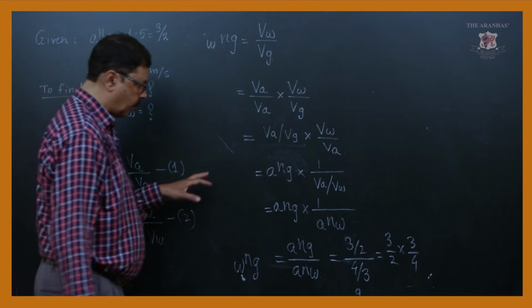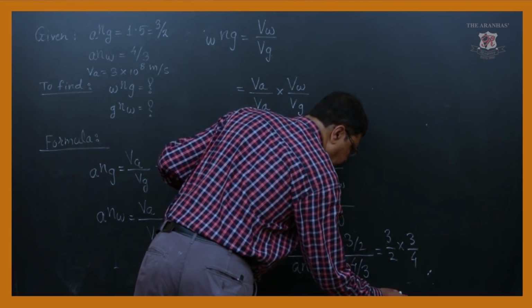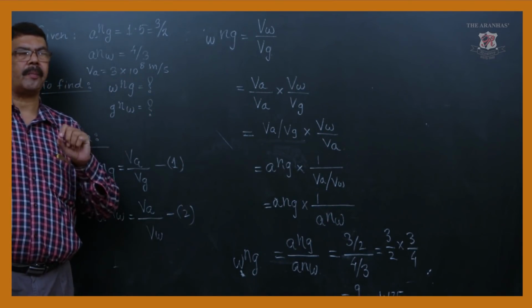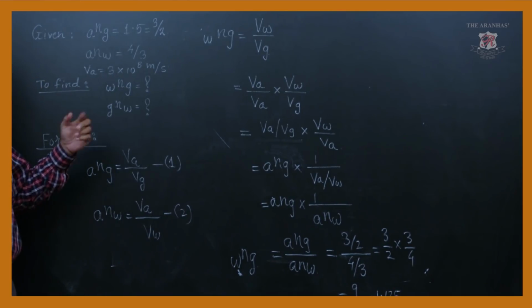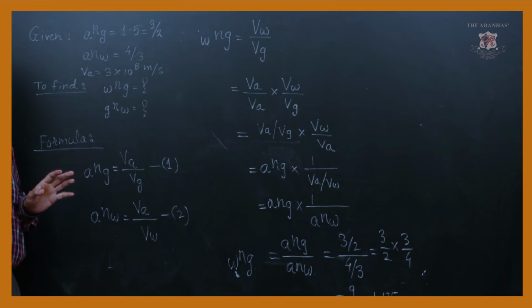That will be 1.125. Now check the answer which you have got by the basic method. We have solved this by a different method where we got the same answer, 1.125.